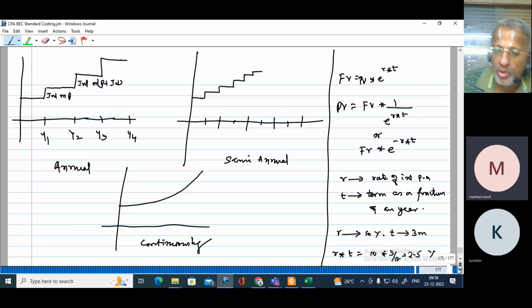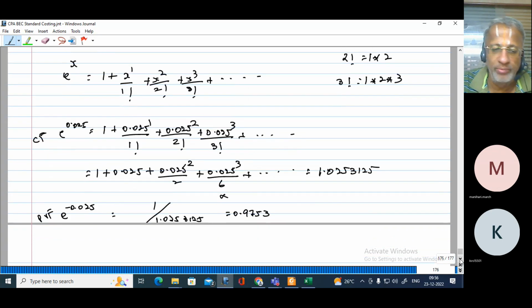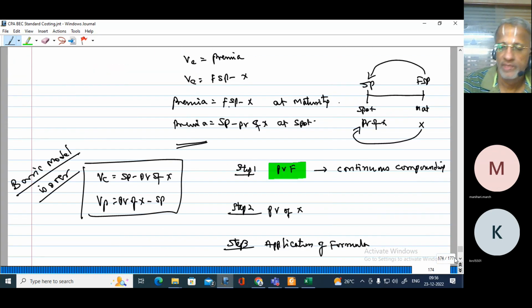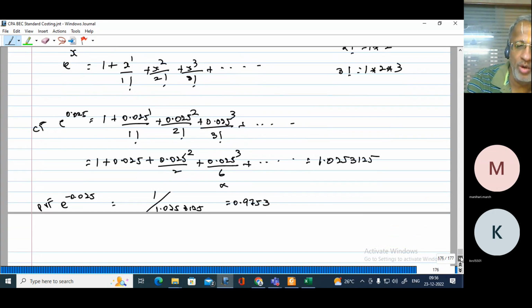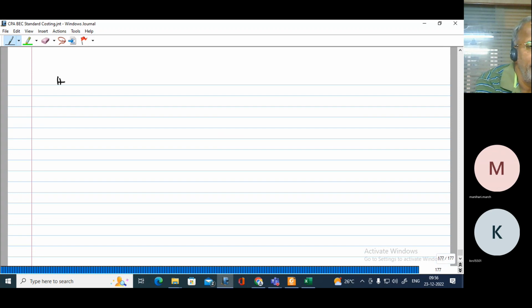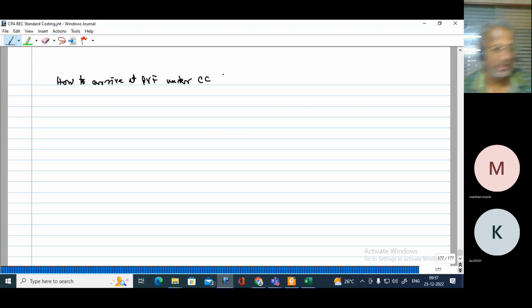So what I suggest is a very simple matter, a shortcut method I will tell you: how to arrive at PVF under continuous compounding. Step number 1, you bring R into T and put it in memory plus.